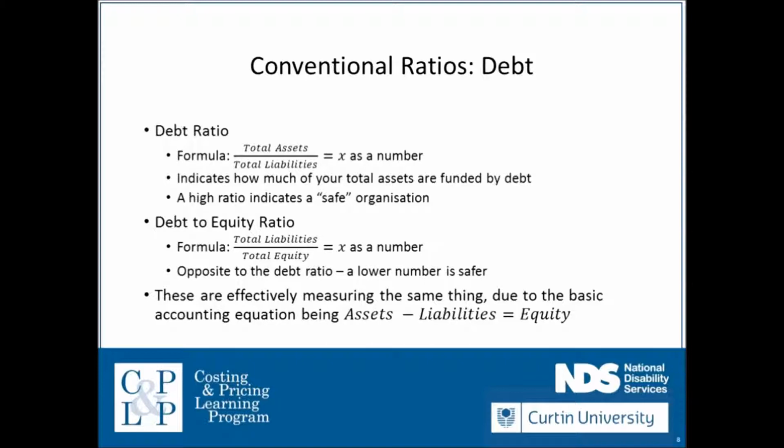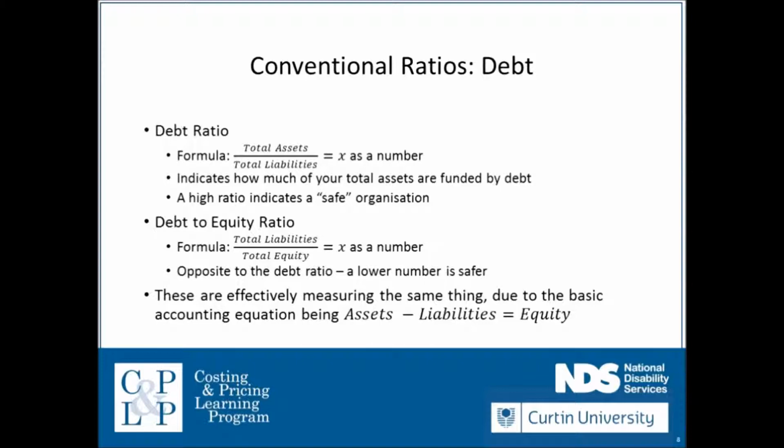While you might have assets on your balance sheet at cost, it might be that in fact those costs won't be realised if you had to sell the assets, and therefore you need to be very realistic in terms of the debt ratio to make sure that it means something to your organisation by valuing your assets at what you could actually receive for selling those assets, as opposed to what they might be sitting on your balance sheet at.